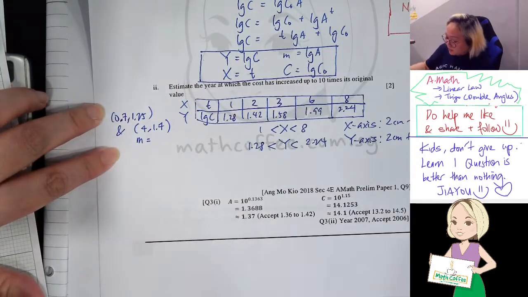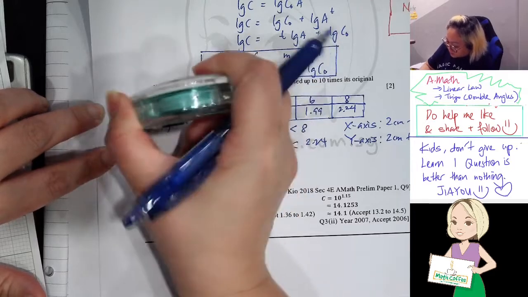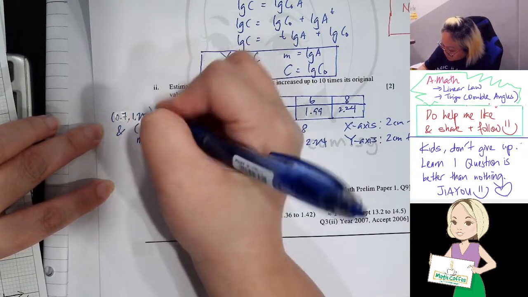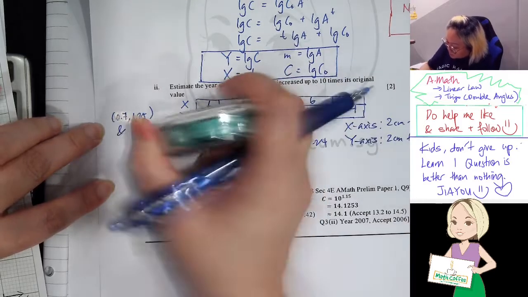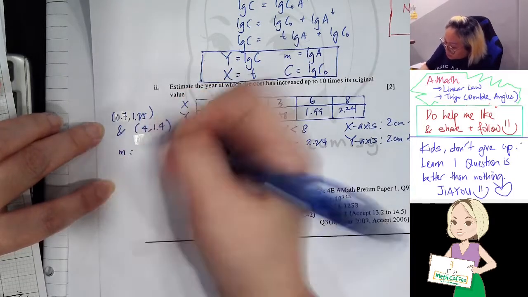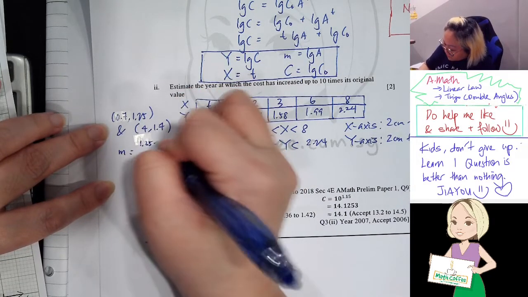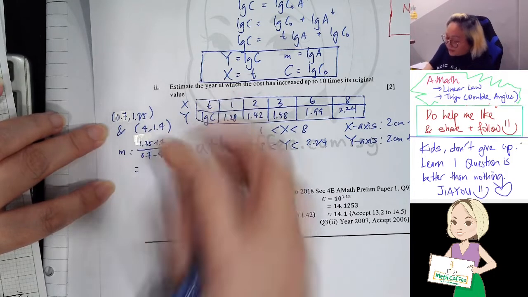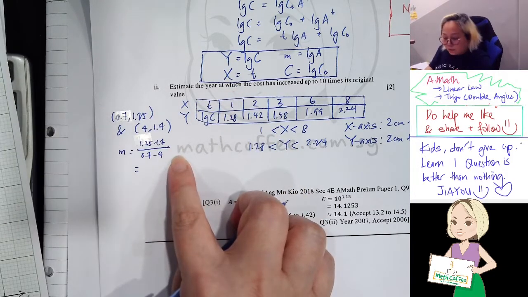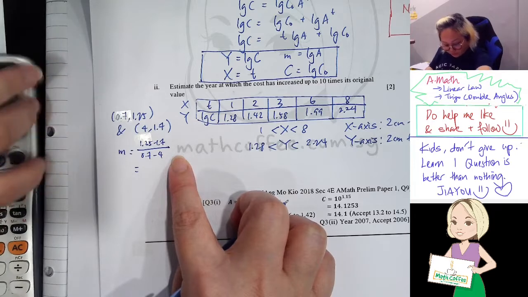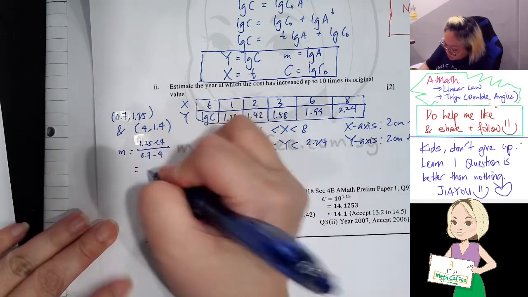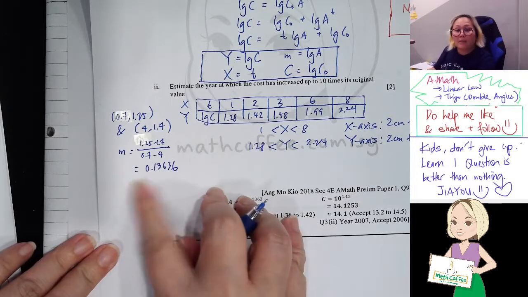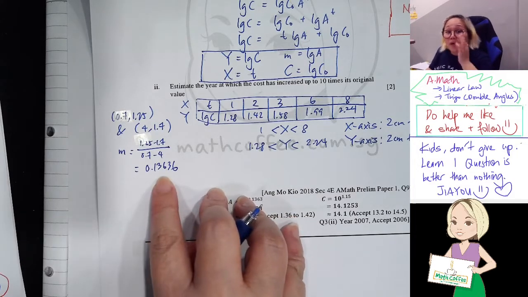So to find the gradient, my gradient will be equal to (1.25 minus 1.7) over (0.7 minus 4). Press calculator. It will give me 0.13636. Please take longer numbers. Then we're not done yet.